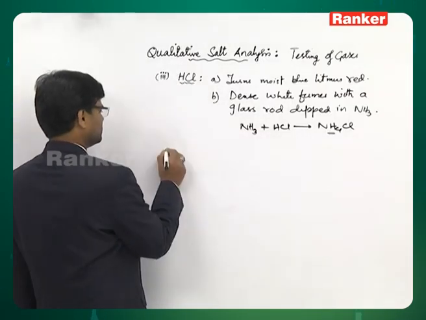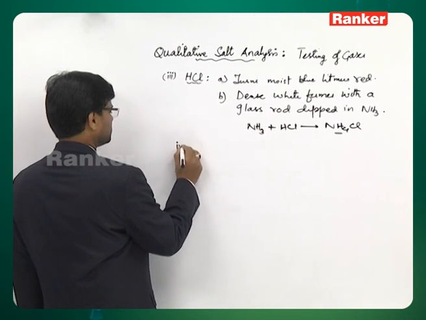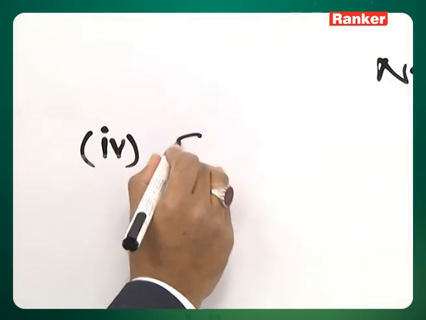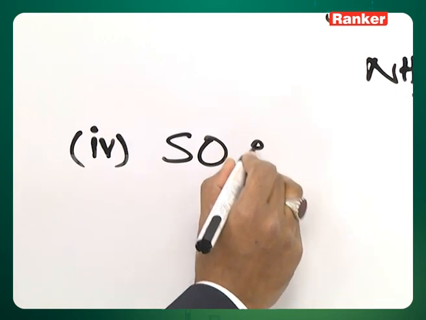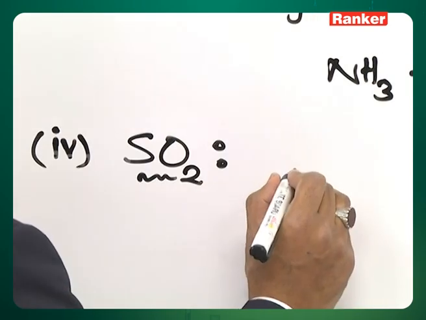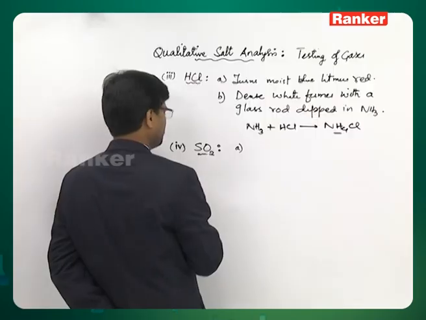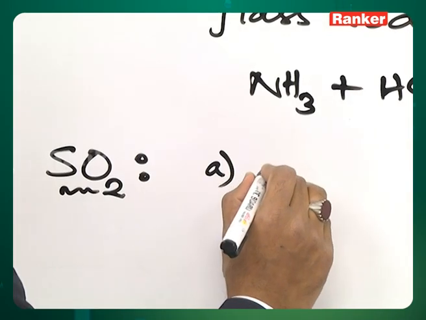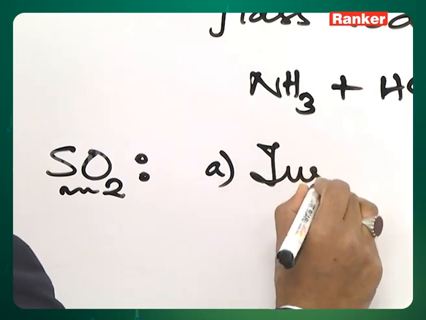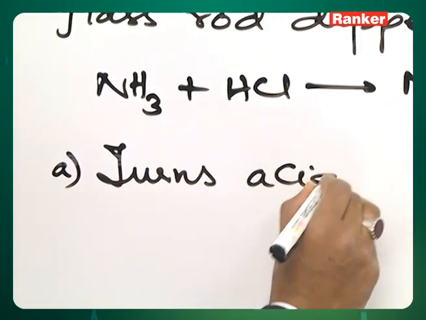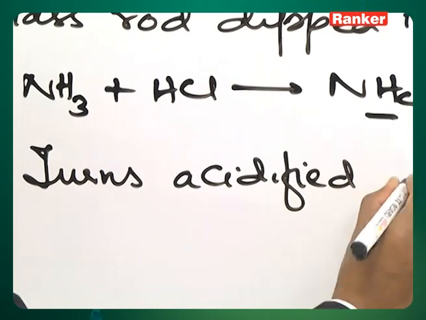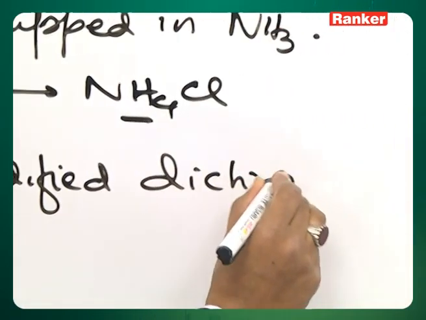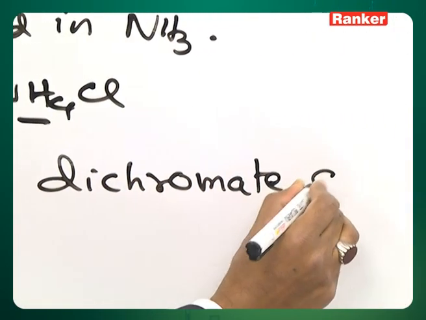Number 4 is SO2. A, it turns acidified dichromate green.